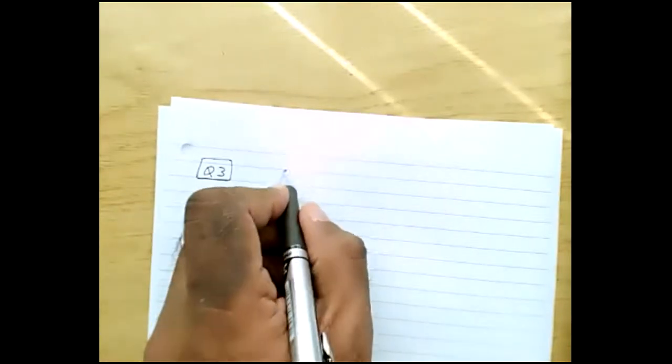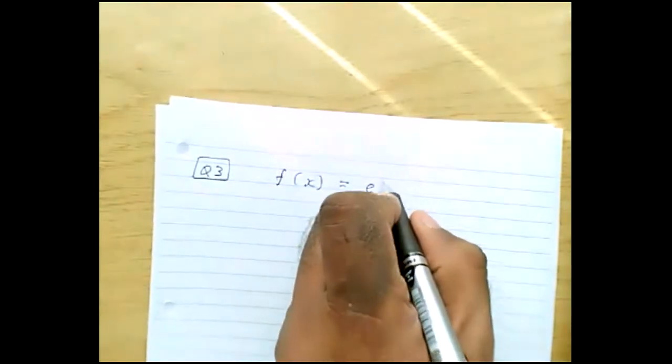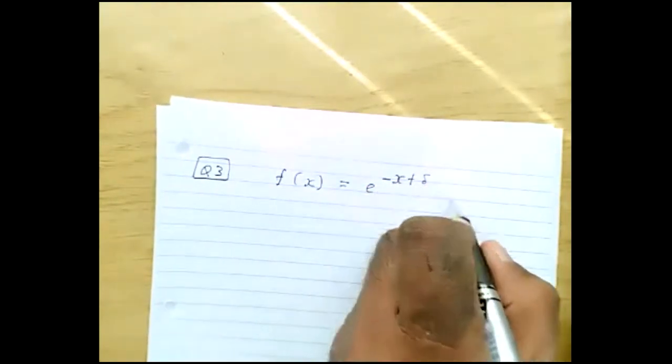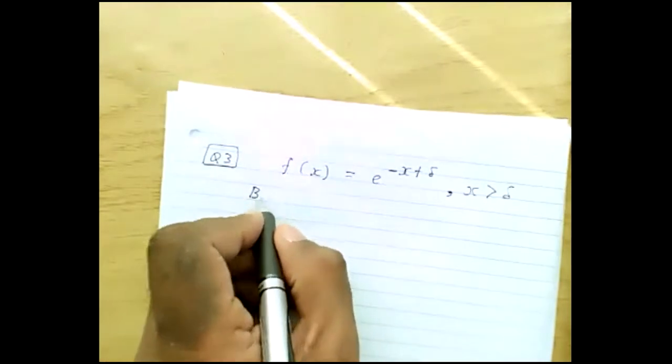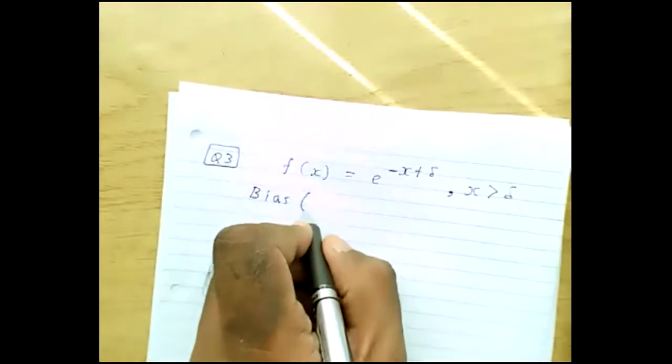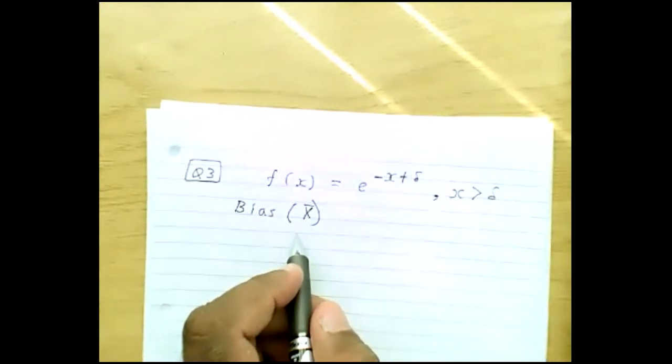So you have this density, f(x) equal to e to the minus (x minus delta), where x is greater than delta. Now we want to find the bias of X bar as an estimator of delta.